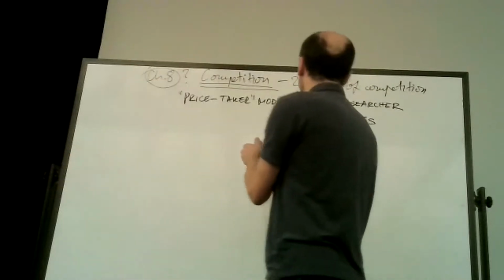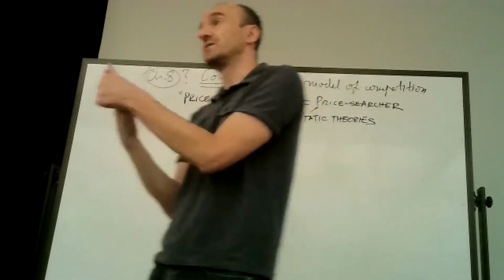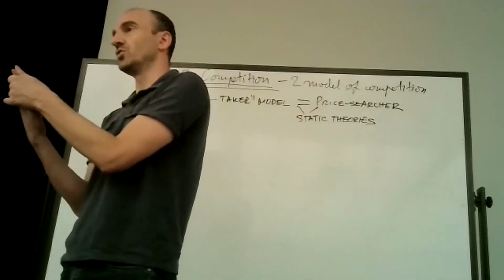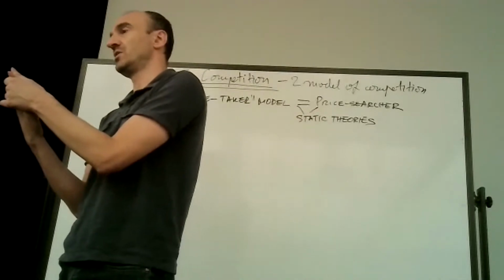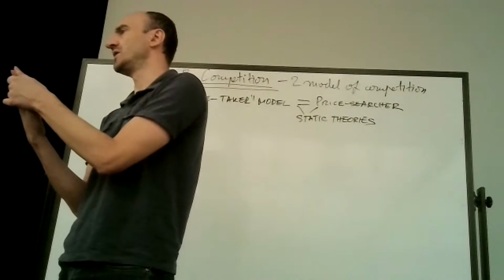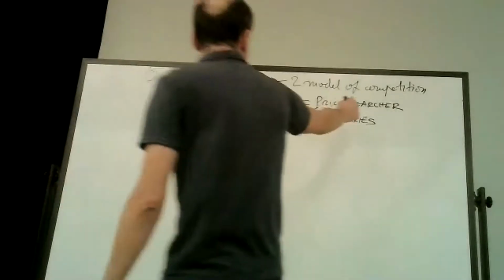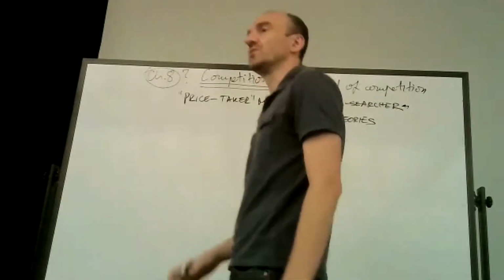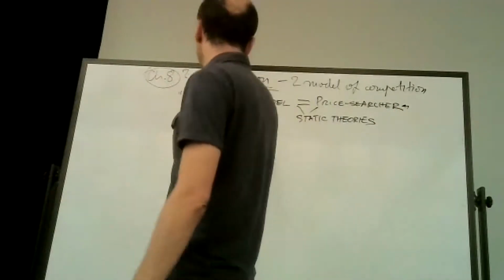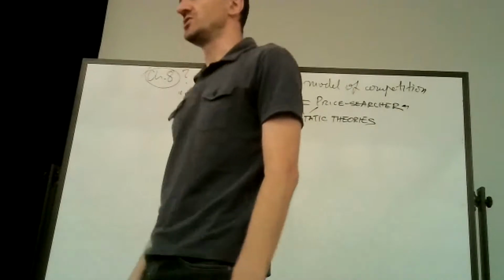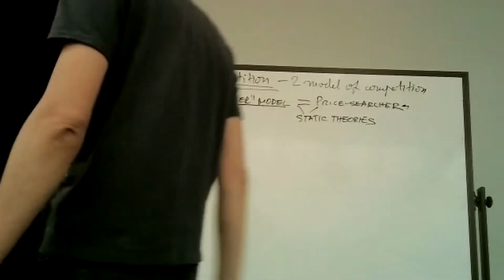The products that are being sold and produced are defined, they do not change. The innovation is by and large almost eliminated. In the price searcher model, some small level of innovation is allowed. In the price taker model, this basic one that your book ignores completely, innovation doesn't exist.